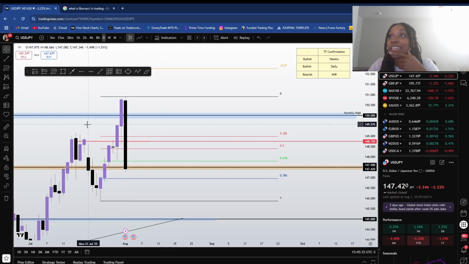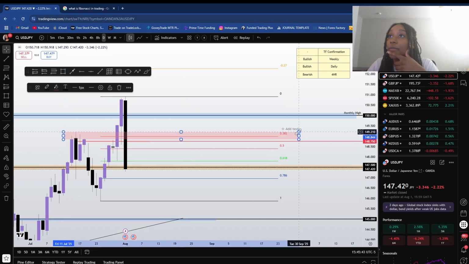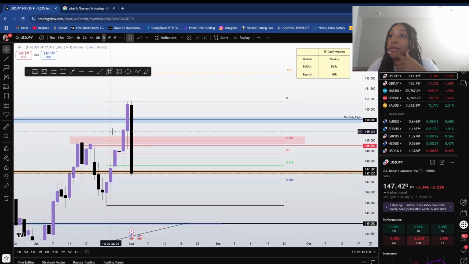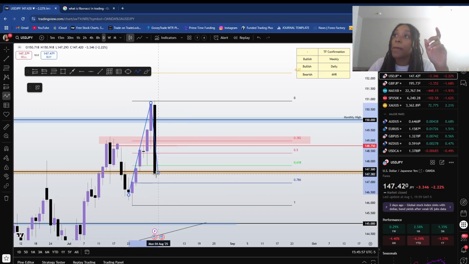Now the safer thing to do would be to wait for price to come back to where we previously broke structure. So right here, previously price was coming up, right? And we were supposed to come down for this retest. Remember I said earlier, it's okay if price dips a little lower, right?